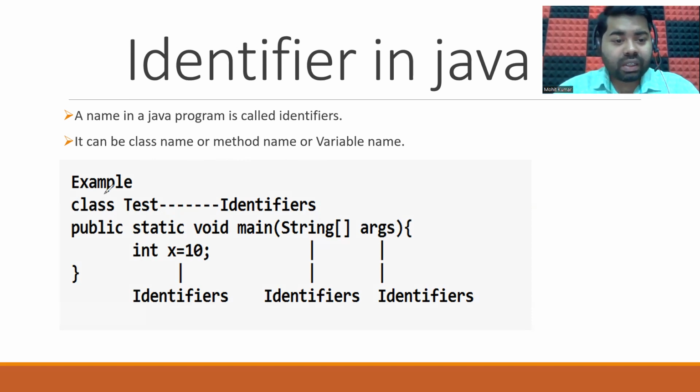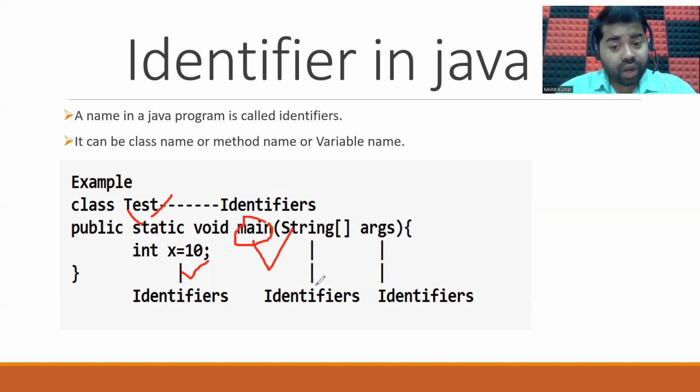So you can see I took one example. This is your class name. This is your identifier. Then we have a variable name. This is your identifier. Again, we have this main method. Main is also what? Method name. This is your identifier. String is your class. Okay, so this is the inbuilt class in Java.